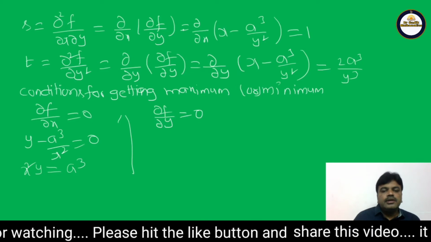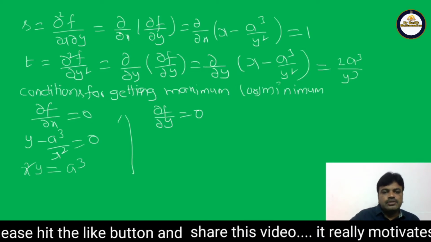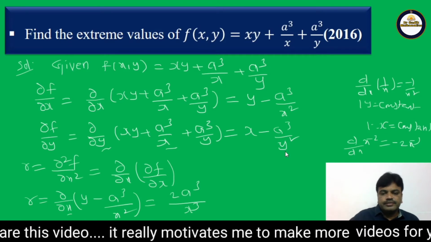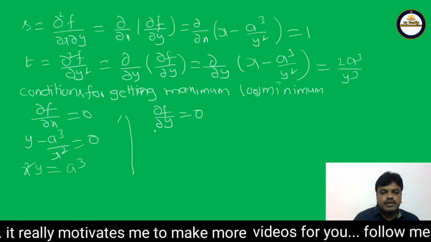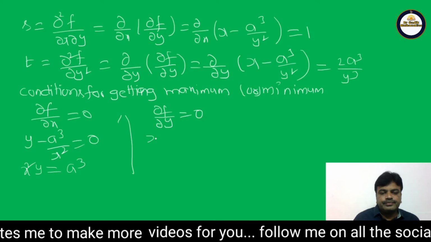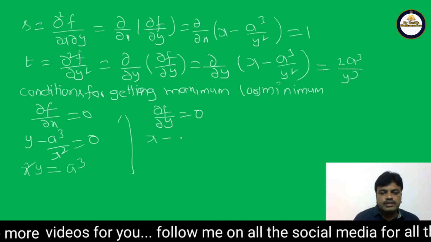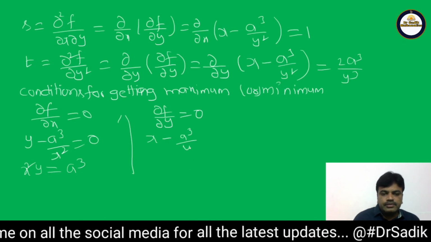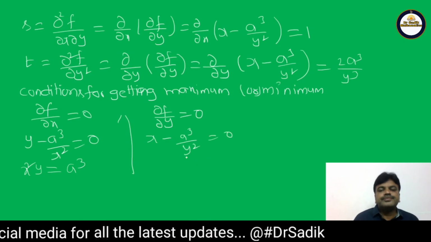Now, ∂f/∂y is equal to 0. ∂f/∂y = x − a³/y², that is equal to 0.